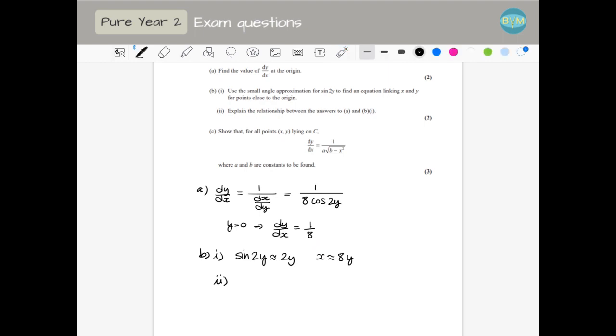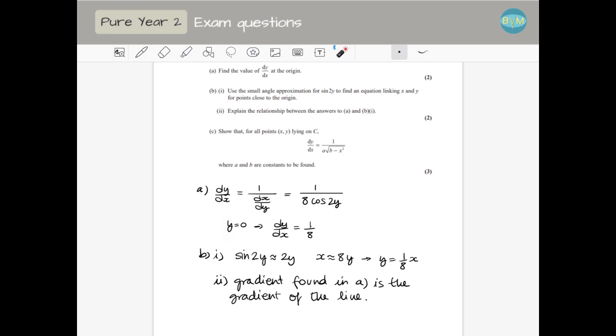So this line is y equals 1/8 x. So the gradient found in A is the gradient of the line as well. The gradient of the function at the origin is the gradient of the line.